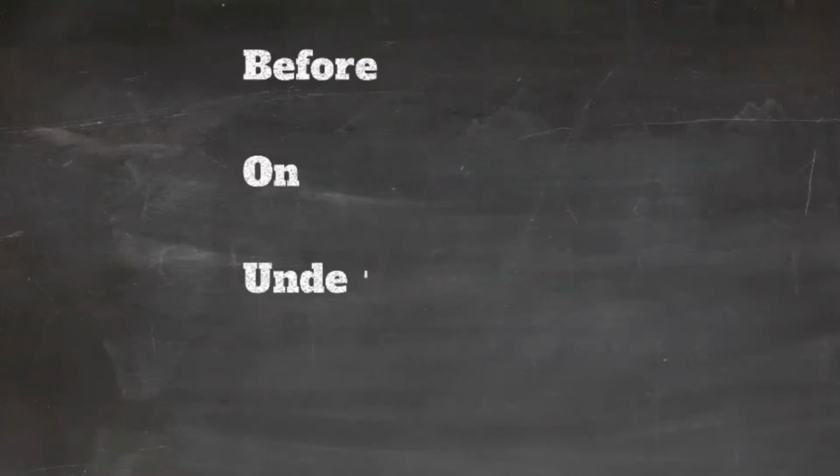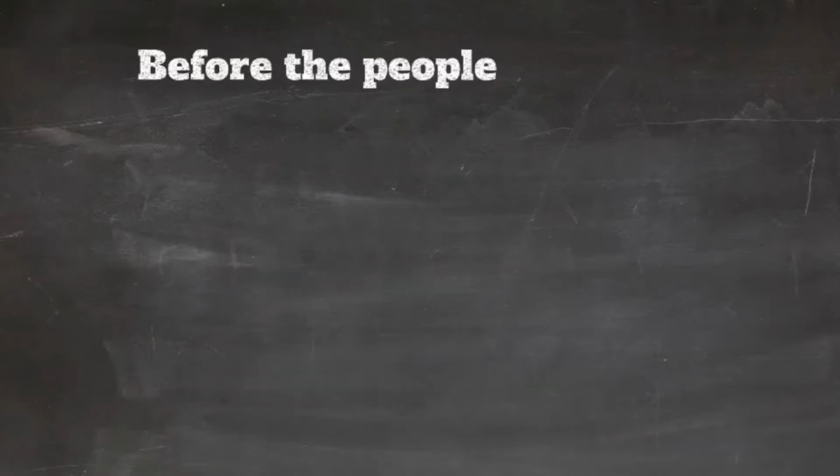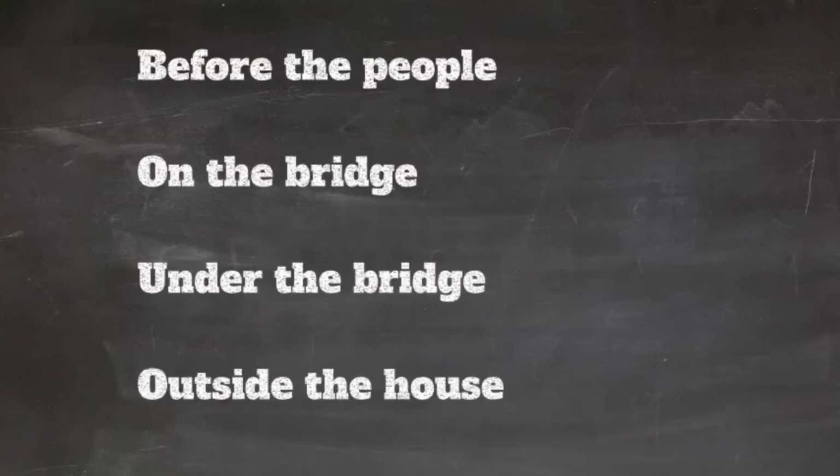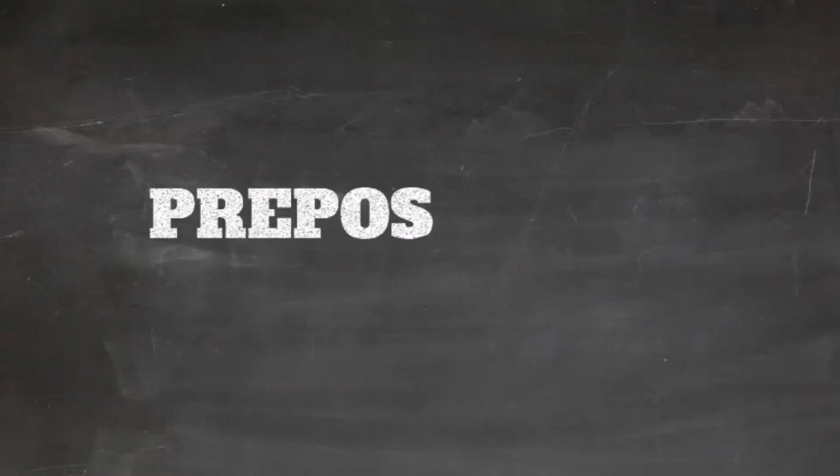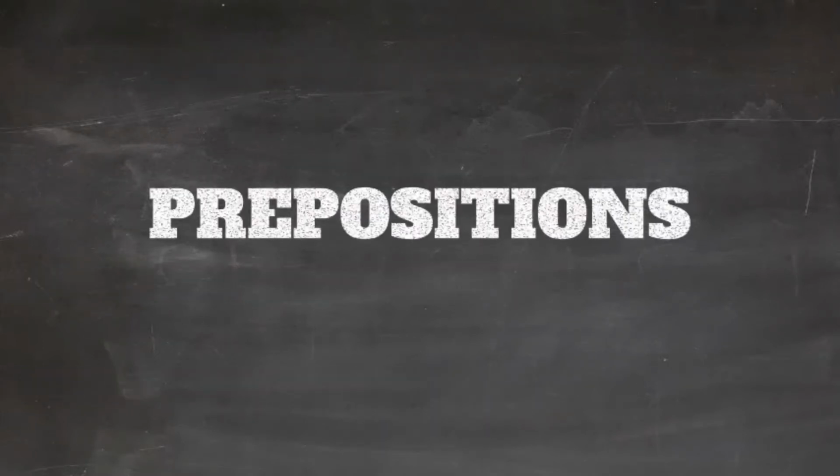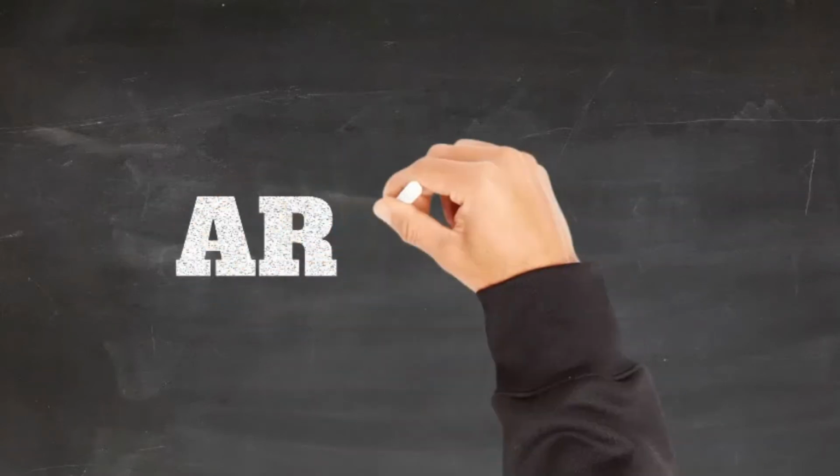Examples of prepositions include words like before, on, under, outside: before the people, on the bridge, under the bridge, outside the house. Prepositions. Article.